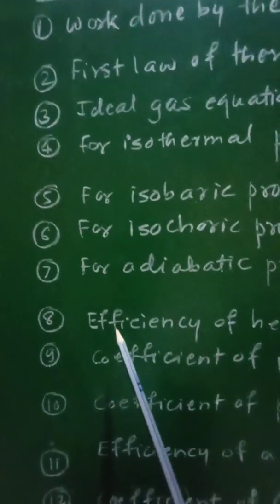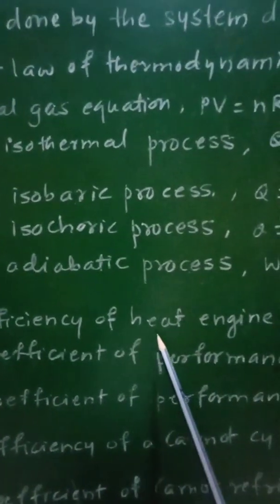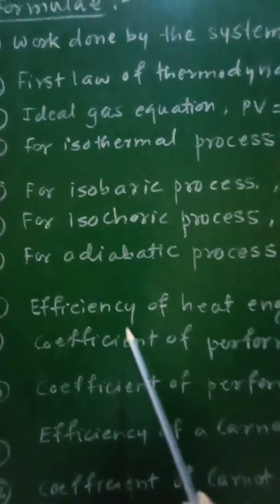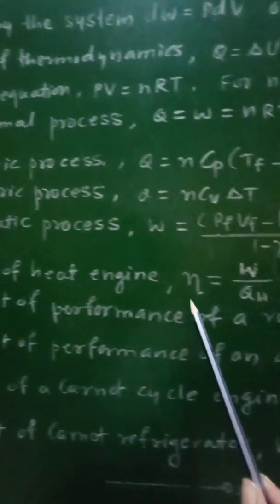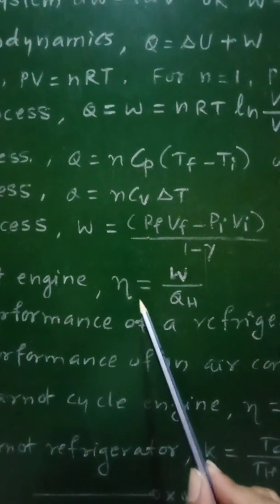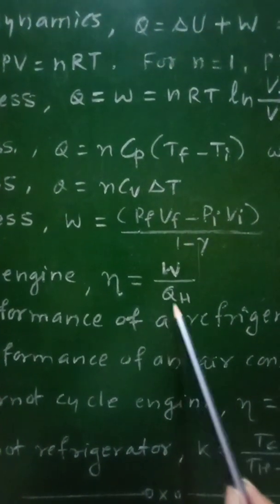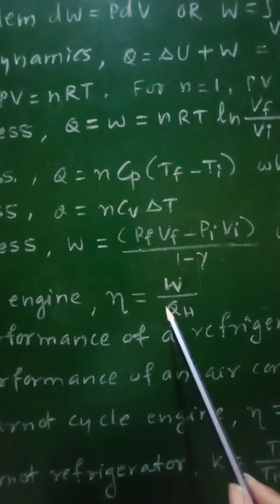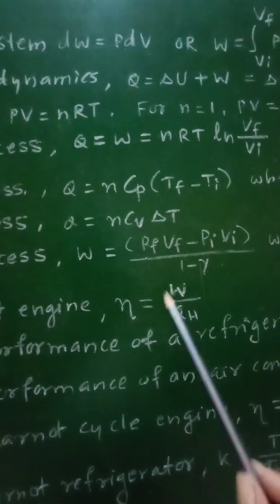Then eighth formula gives efficiency of heat engine, which is given as efficiency eta equal to W upon QH. This will be the efficiency of heat engine.